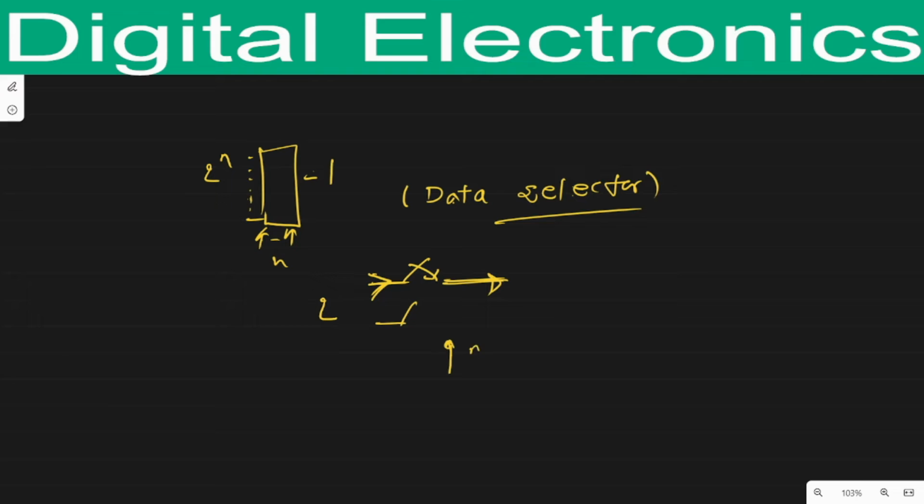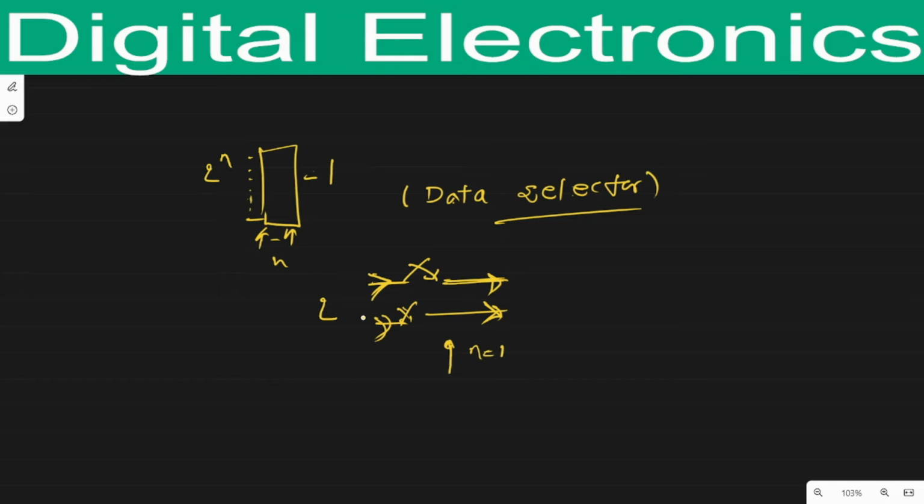But when we take n equals 1, the second input is transmitted from this side to this side. So we can say this multiplexer also acts as a switch.